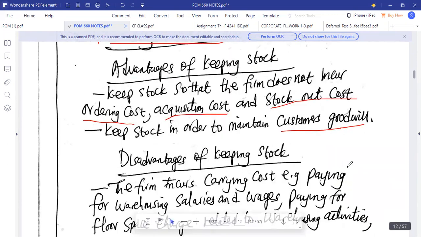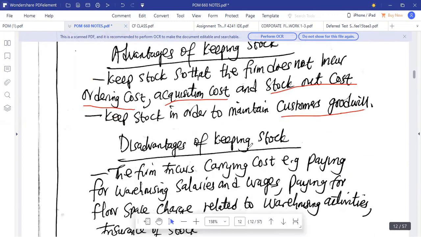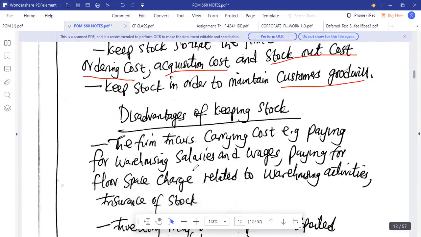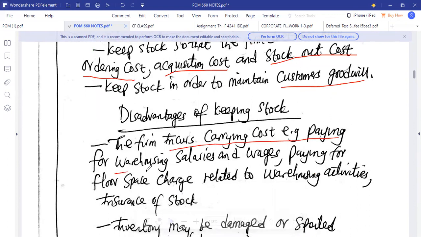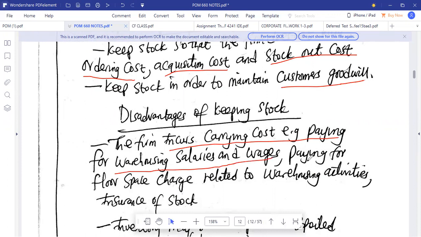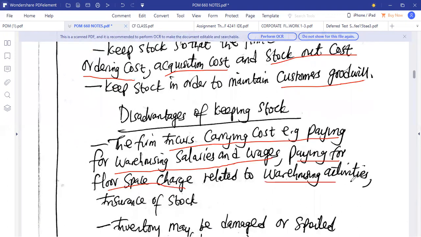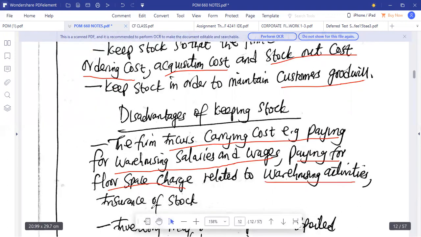Now, we get into the disadvantages of keeping stock. The first aspect here, the firm incurs carrying costs, e.g., paying for warehousing salaries and wages. Also paying for floor space charges related to warehousing activities, even insurance of stock. It's a carrying cost, it's a continuous cost.